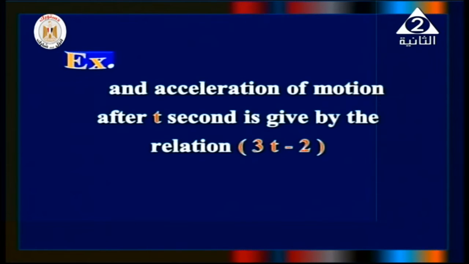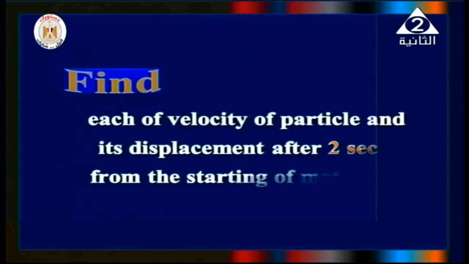Remember, my dear student, the acceleration after t seconds is given by 3t minus 2. What is required? Find both the velocity of the particle and its displacement after 2 seconds from the start of motion.